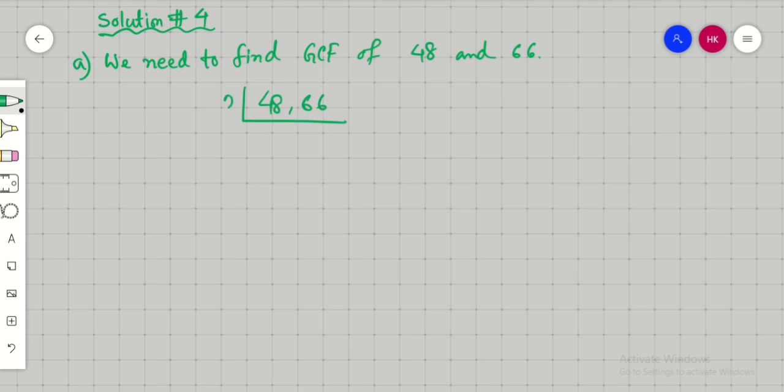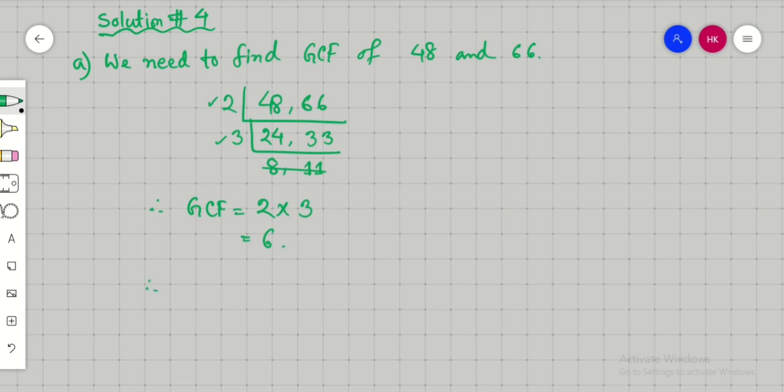Very easy. At first we divide by 2, giving 24 and 33, and we can divide this by only 3 now, because 3 8s are 24, 3 11s are 33. Therefore GCF is equal to 2 times 3, not 8 and 11, only 2 and 3. 2 times 3 is 6.